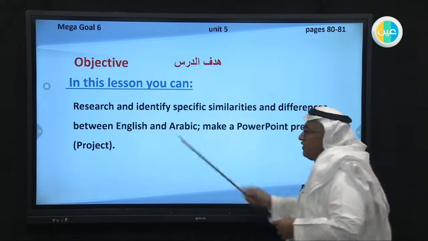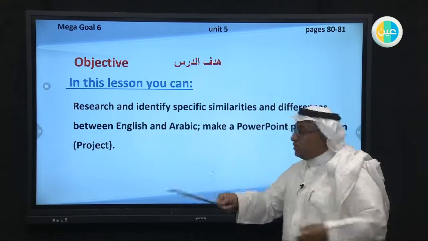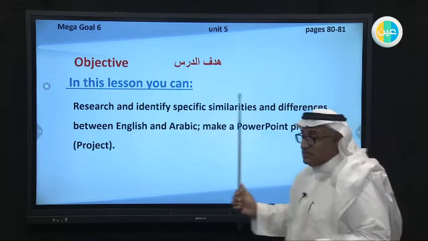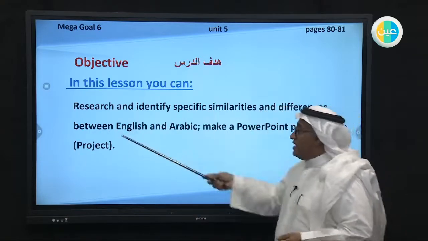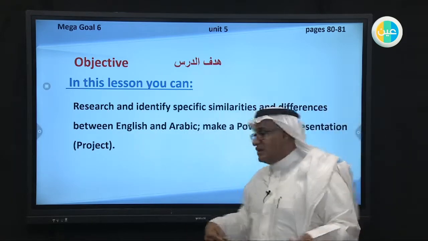some aspects of language. Okay, research يعني راح نقوم ببحث and identify specific similarities and differences ثم نكتشف التشابهات والاختلافات between English and Arabic بين اللغة العربية واللغة الإنجليزية.